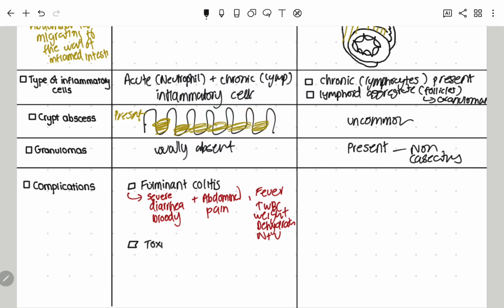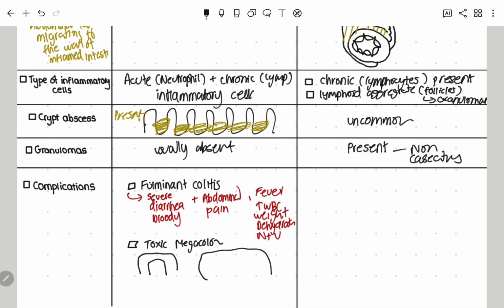The next complication is a toxic megacolon, and this is relatively rare but potentially life-threatening, and it is basically characterized by severe inflammation and dilation of the large intestine. So if you can imagine, this is what our colon would normally look like.